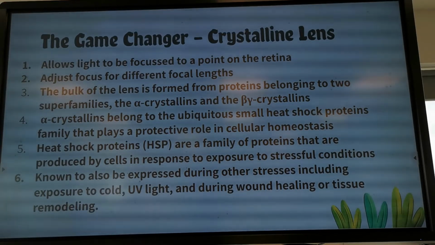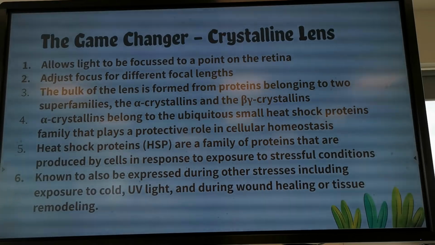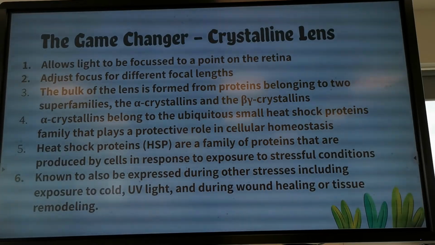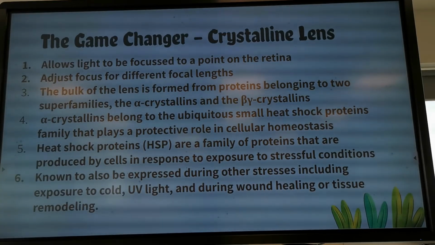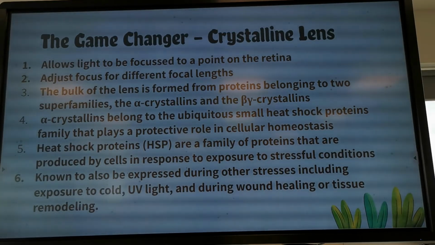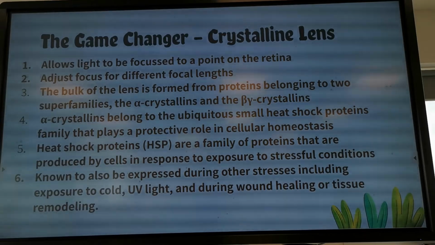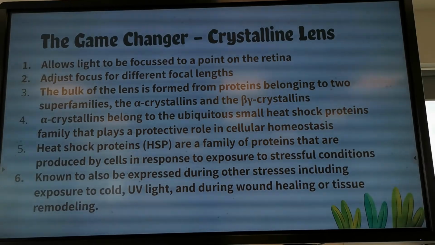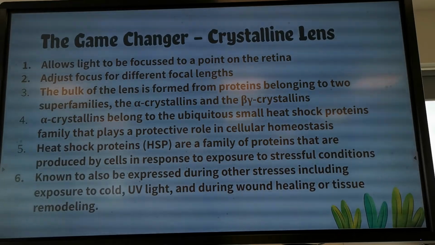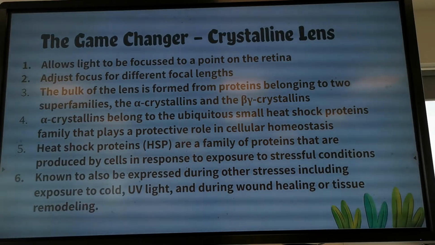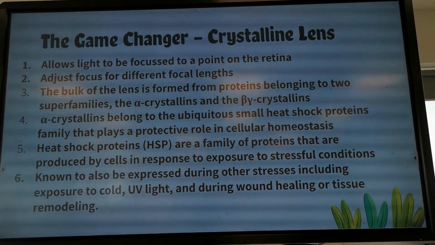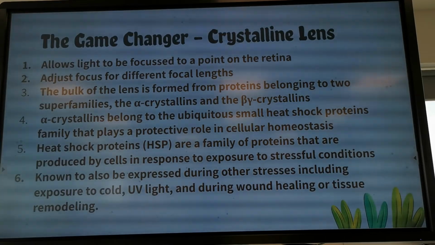It's these heat shock proteins that respond to stressful situations and enable us to send signals down the nervous system. That's basically how we formed our crystalline lens. There are 5 different types of heat shock proteins in total, and their job is cellular homeostasis, to keep that stability. They can detect changes and stressful environments, and then the body can react accordingly.